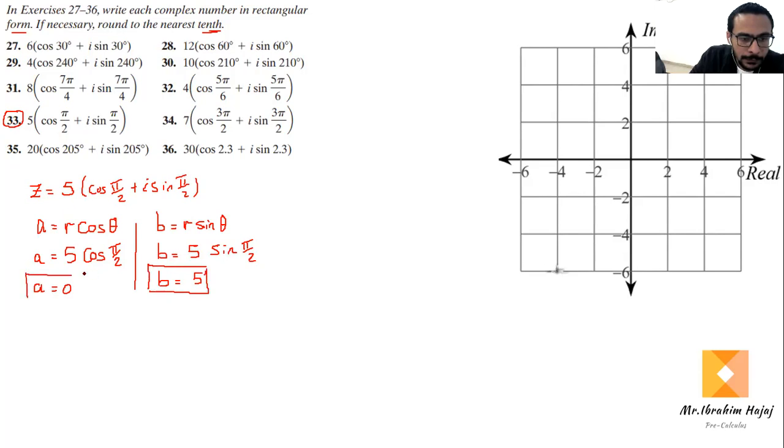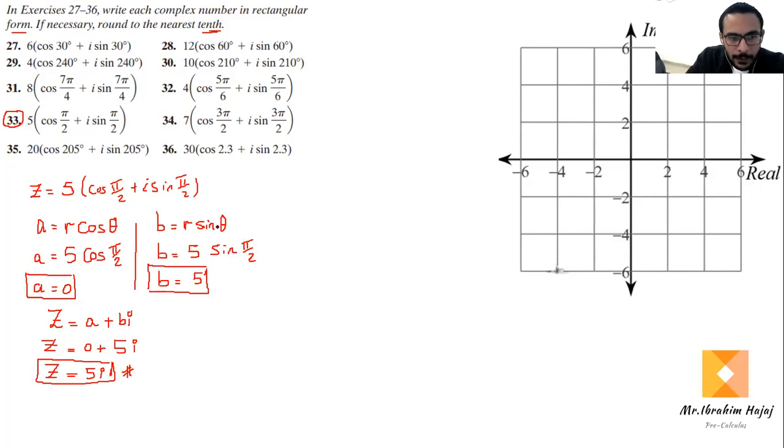Now we write it as a plus bi, in rectangular form: z equals 0 plus 5i. So you can also write it as 5i. This is question number 33.